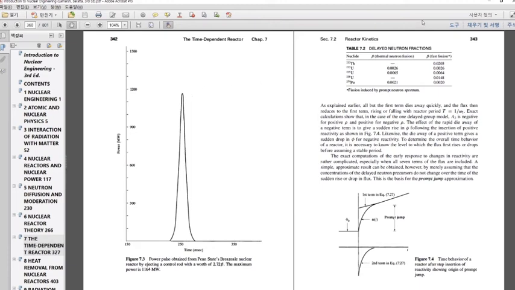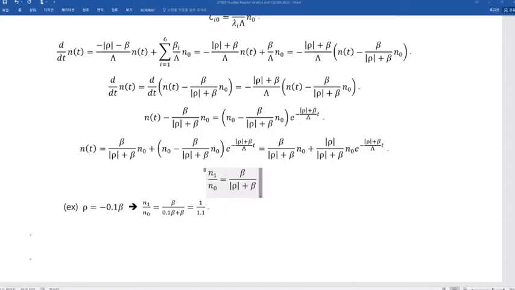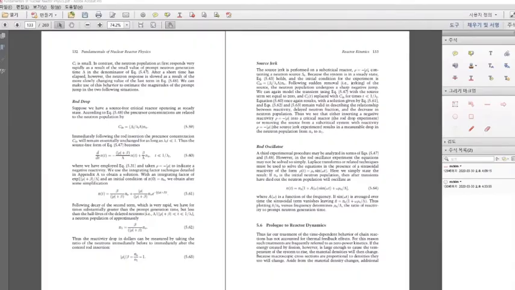Of course, later we are going to learn about that. So let's go back to our textbook.